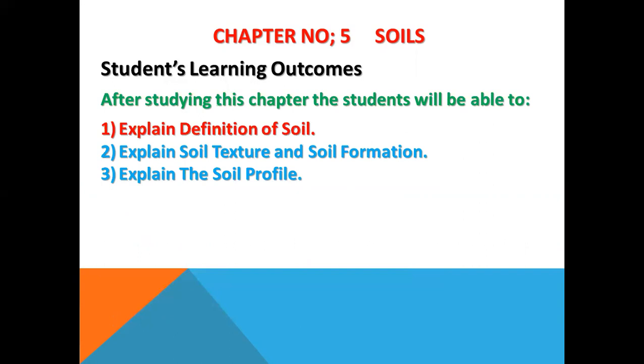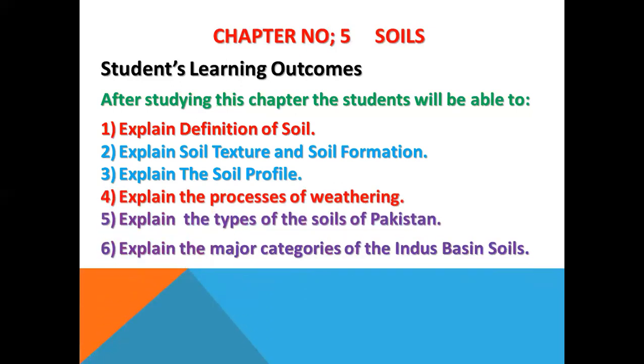They will be able to explain soil texture and soil formation. They will be able to explain the soil profile. Number 4, they will be able to explain the processes of weathering.